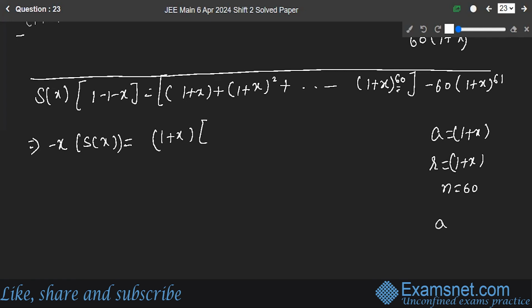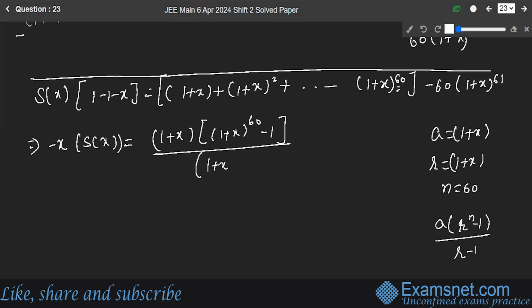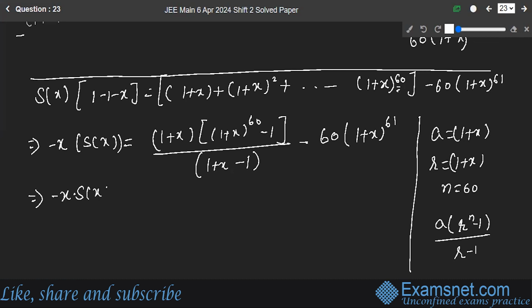The formula is given by a into (r raised to power n minus 1) upon (r minus 1). So this is a, r raised to power n, where r is 1 plus x, raised to power 60, minus 1, divided by (1 plus x) minus 1, which is r minus 1. And this will be minus 60 into (1 plus x) raised to power 61, minus x into Sx.